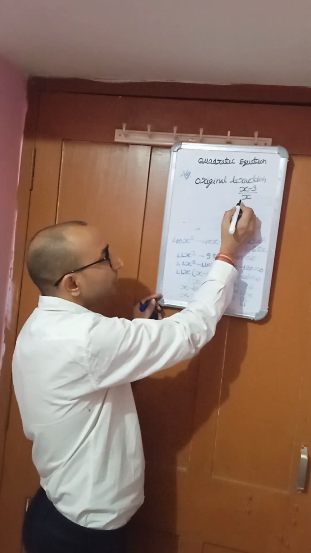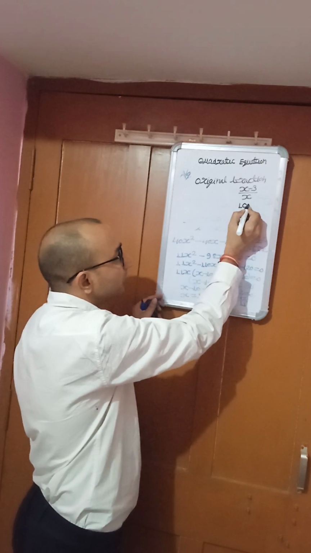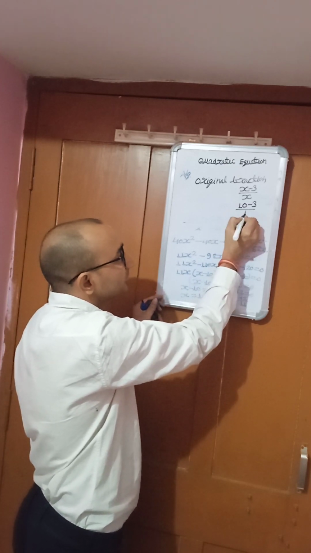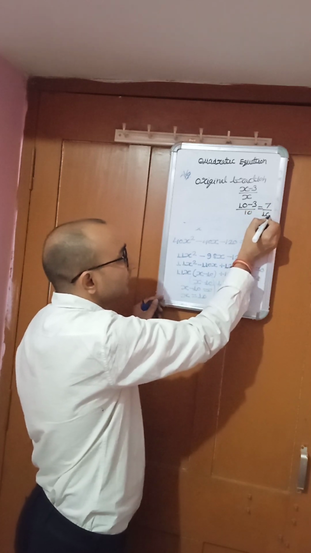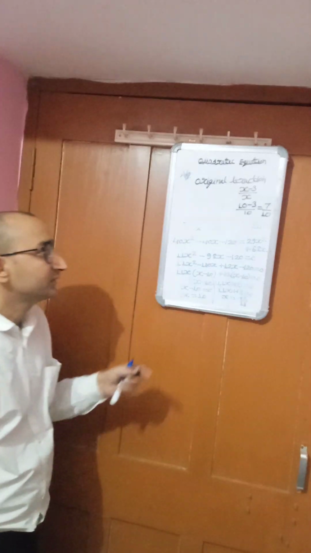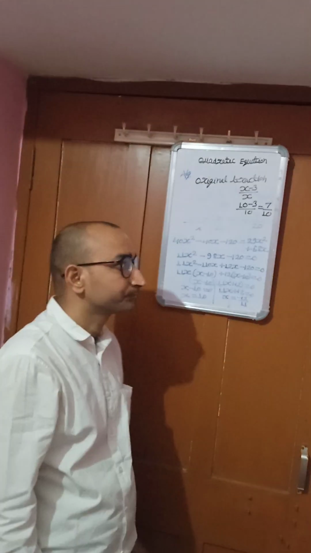Put the value x equals 10 here: 10 minus 3 by 10, so this comes to 7 by 10. This is the original fraction.